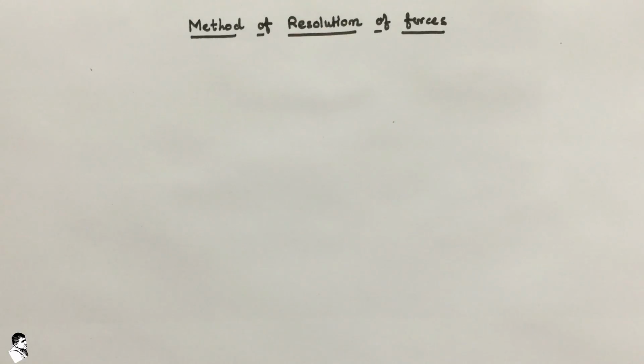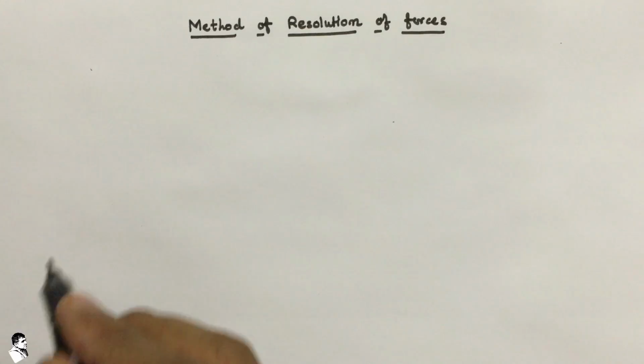Now to understand the method of resolution of forces, we take one force system that consists of a number of forces. Let us consider four different forces, P1, P2, P3 and P4.